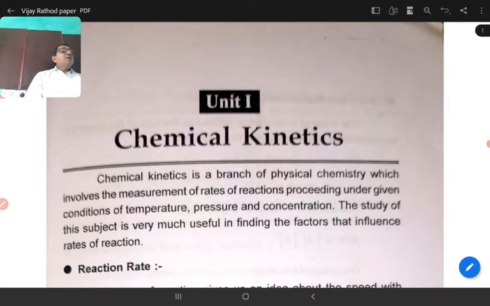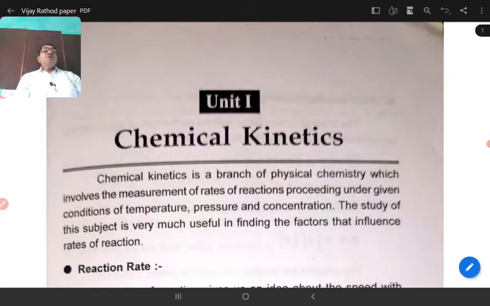Pseudo unimolecular reactions. Second order reaction, derivation of rate constant for equal and unequal concentrations of the reactants. Characteristics of second order reaction, methods of determination of order of a reaction, Arrhenius equation, and some numericals on the half-life method.